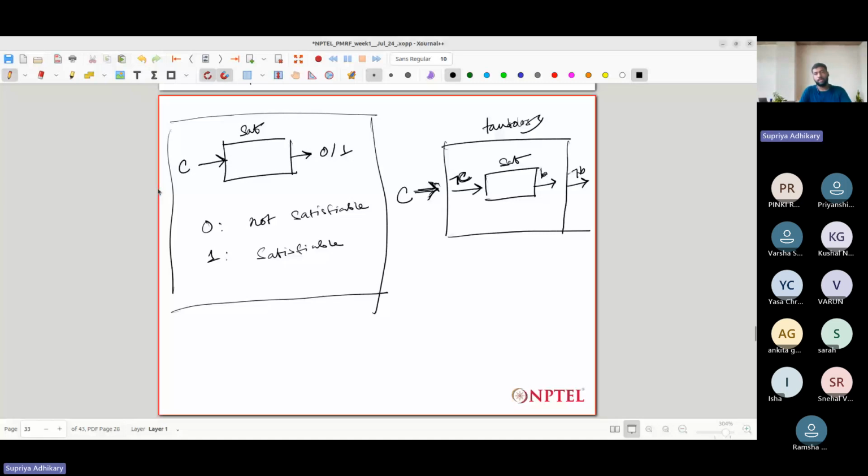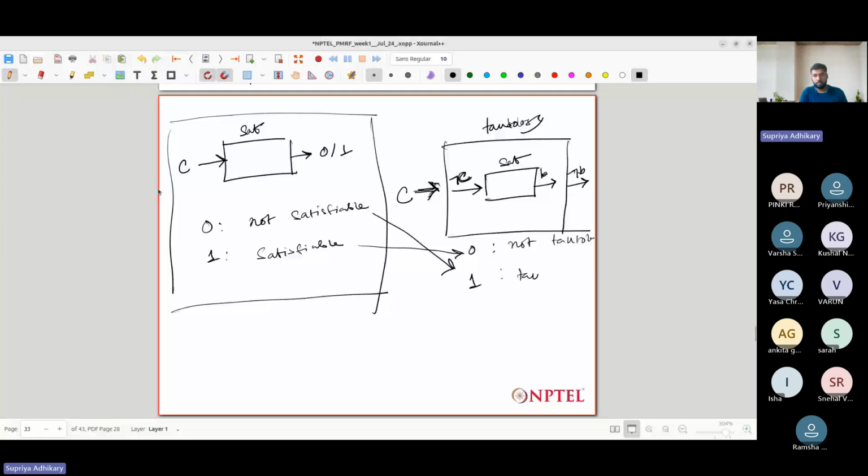So whatever the output is, if not C is not satisfiable, then we say that it is indeed a tautology. That is, 0 would go to 1 and 1 would go to 0. This means not a tautology, and this means a tautology.